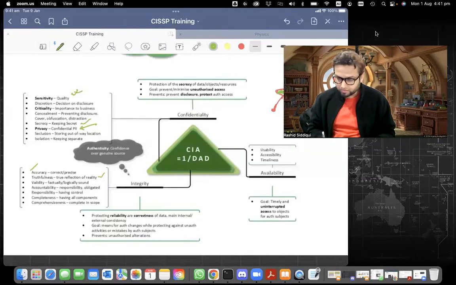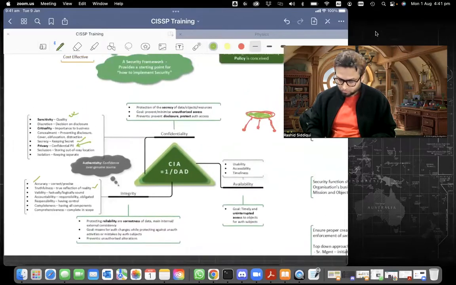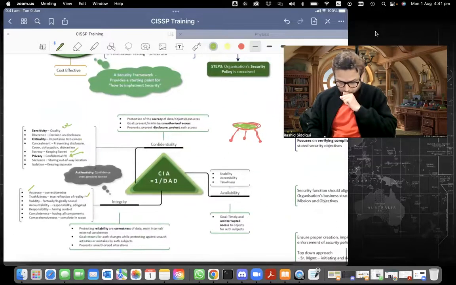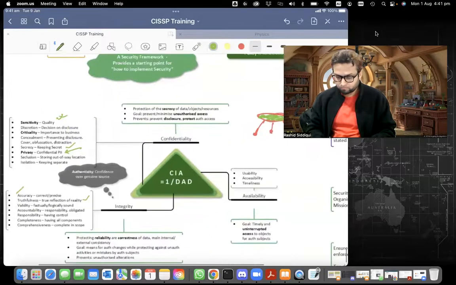So this is basically CIA, and its reverse is disclosure, alteration, and destruction. We can think of disclosure as disclosing data to an unauthorized user. Alteration is changing the content of the data in a way that it loses its value, and destruction is making data unavailable. So this is the quick summary, quick recap.